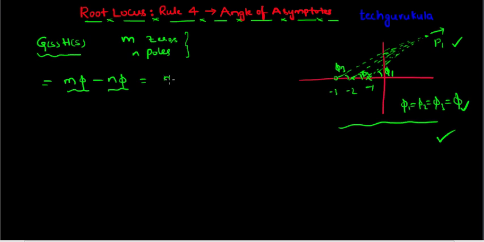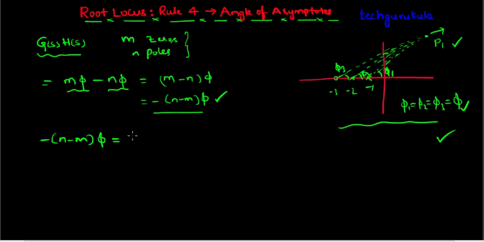Let me take phi common, then it becomes (m minus n) times phi. We can write this again as minus (n minus m) times phi. This is one important result here. Now we know that this is the angle made to that particular point which is tending to infinity, and we assume that point is present on the root locus, so it should satisfy the angle condition, which means minus (n minus m) times phi should satisfy the angle condition.